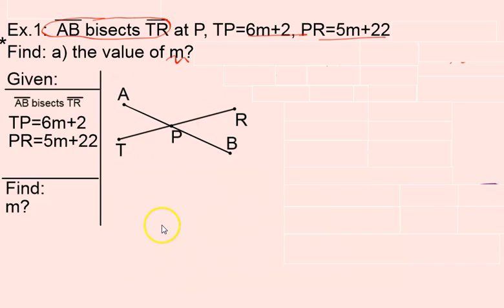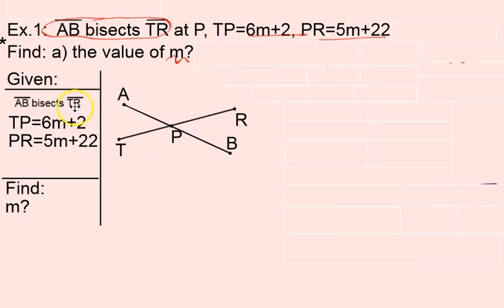So, let's read carefully. Something bisects something else. Bisects. AB bisects. That means that AB is the doer. It is a bisector. And TR bears the consequences of that action.